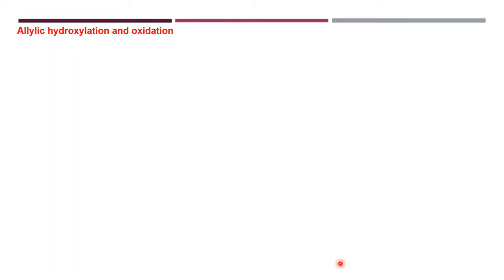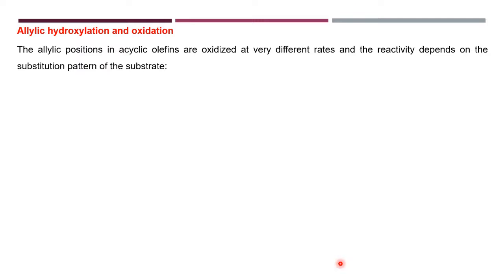Now let's talk about allylic hydroxylation and oxidation. The allylic positions in an acyclic olefin are oxidized at different rates, and the reactivity depends on the substitution pattern of the substrate.